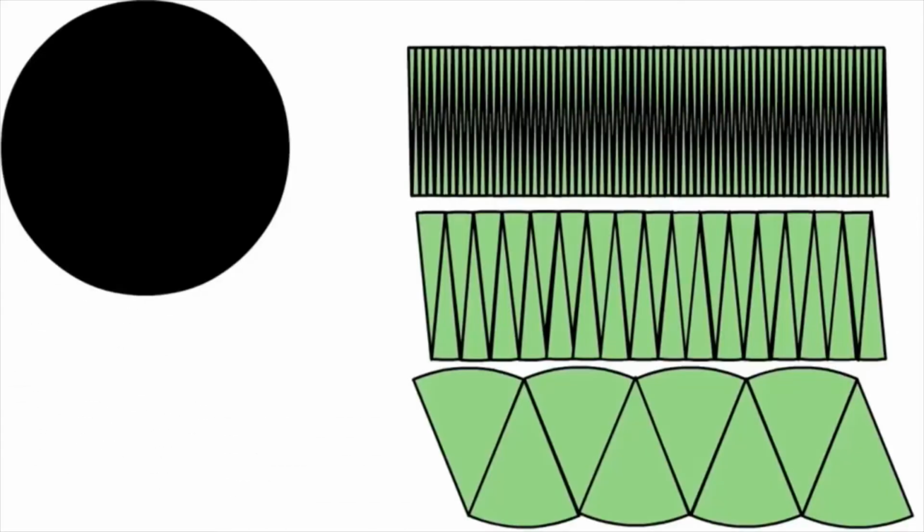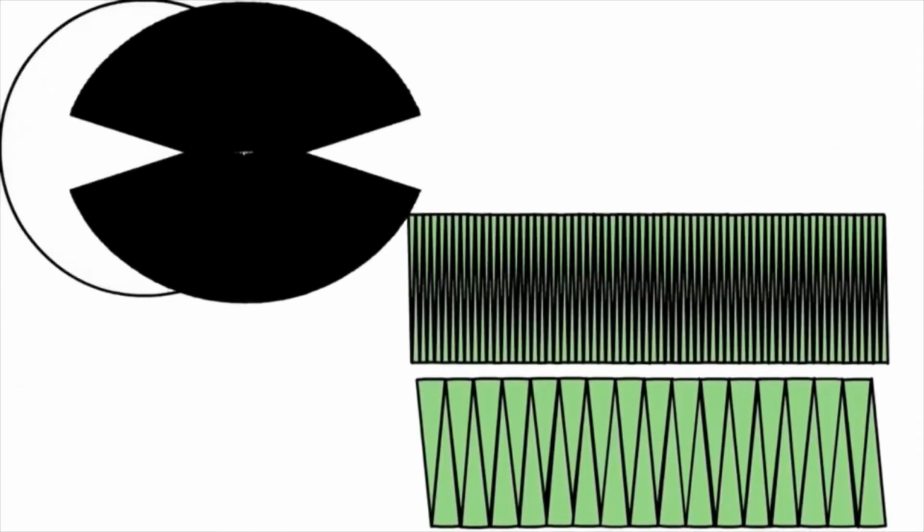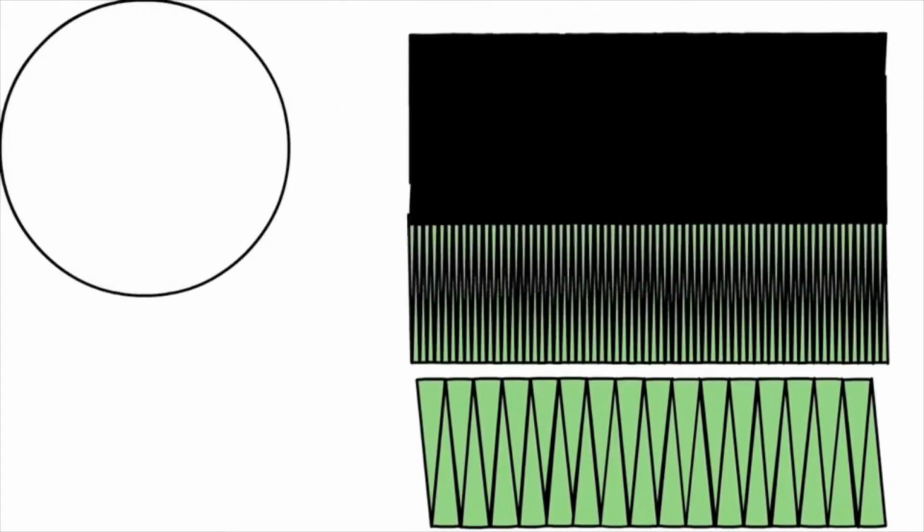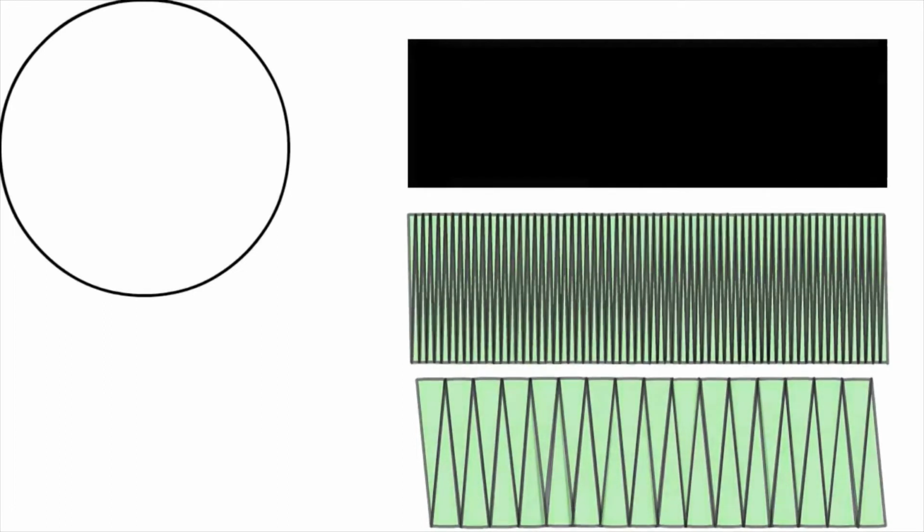But the answer is to divide the circle infinitely many times until we cannot distinguish the lines, and eventually the circle can become a perfect rectangle. So, the area of the circle is equal to the area of the rectangle, which is equal to base times height.